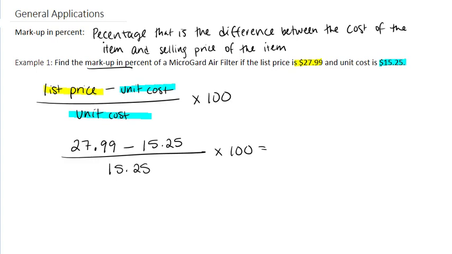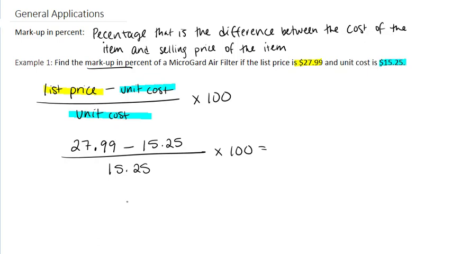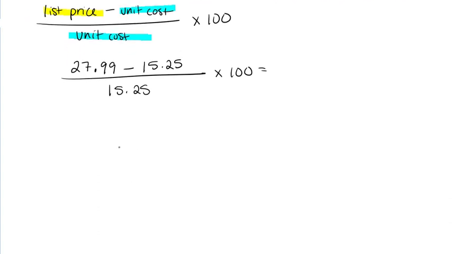So let's get our calculators out. So we do our subtraction first, and then we're going to divide by 15.25, and then we get 0.8354.